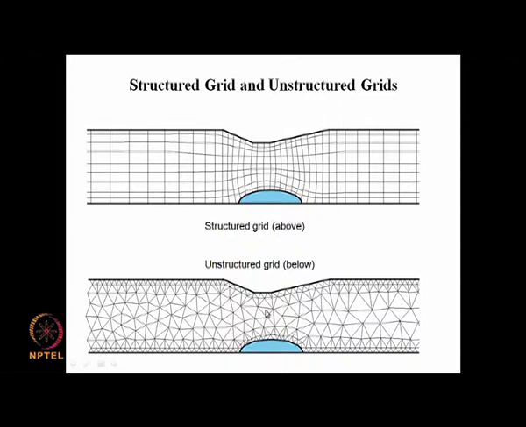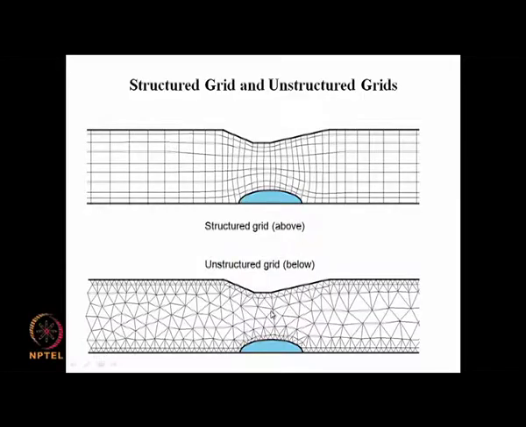You need to have some special storage information of who the neighbor is. You cannot say it is i plus 1 j, i minus 1 j, i j plus 1; that kind of notation is not possible here. In this particular case each cell has 3 neighbors, and you could make up a bigger cell here with 4 neighbors or more.